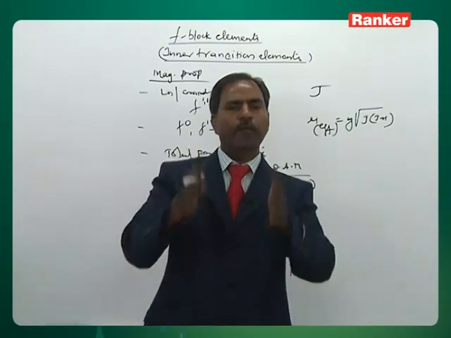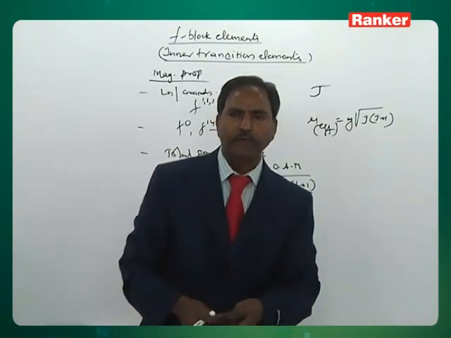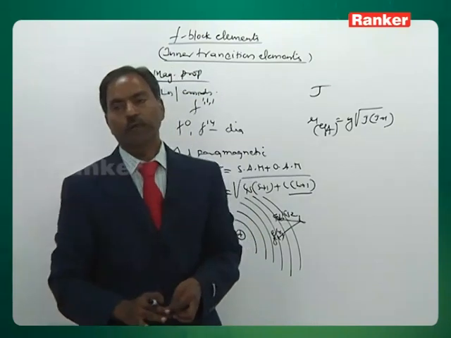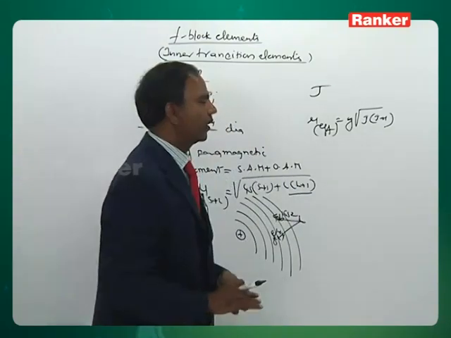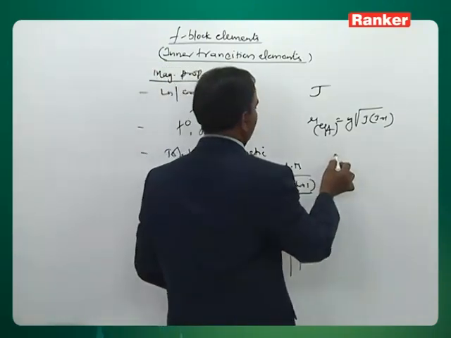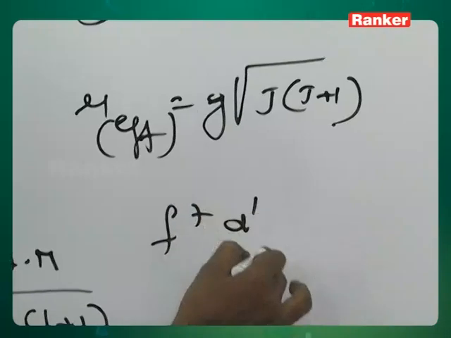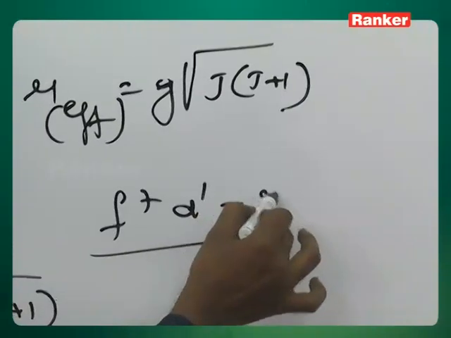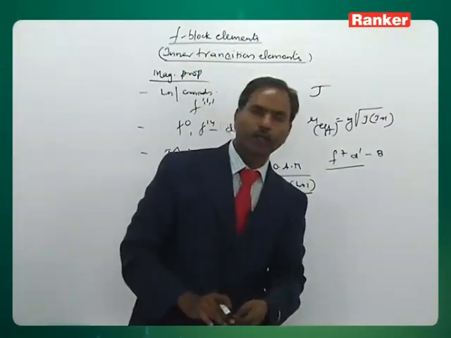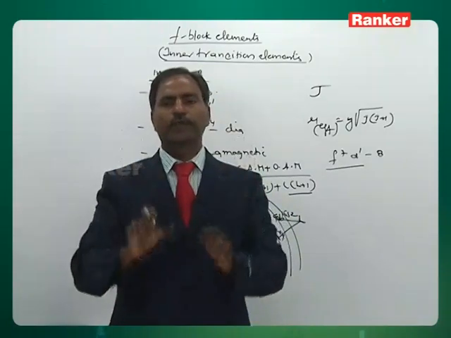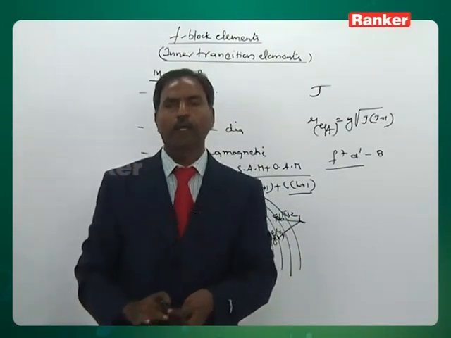If you consider the same point, among all the lanthanides, gadolinium is carrying the maximum number of unpaired electrons. Its configuration is f7 d1. The total number of unpaired electrons comes to be 8. According to the number of unpaired electrons among the lanthanides, gadolinium has to exhibit greater paramagnetic moment.